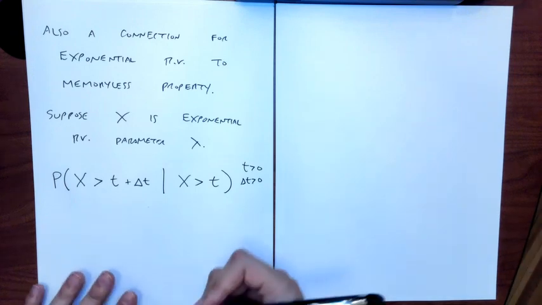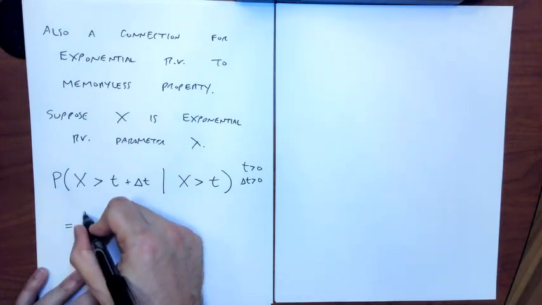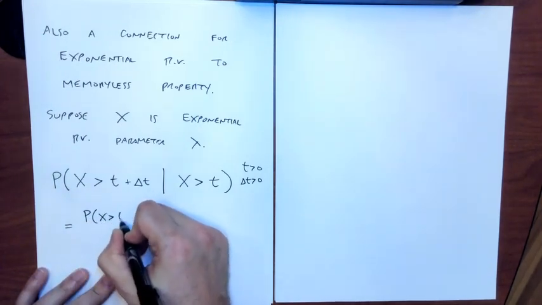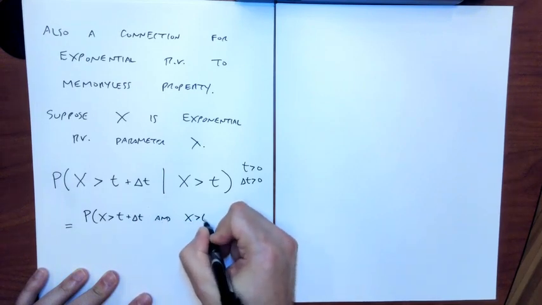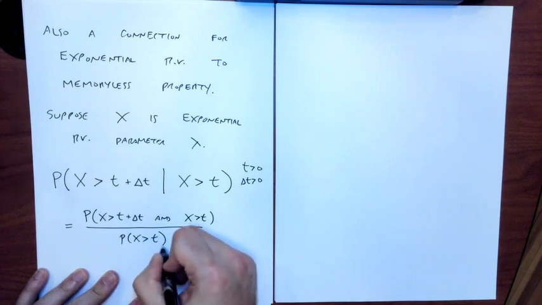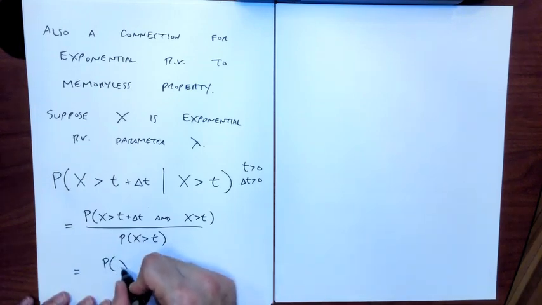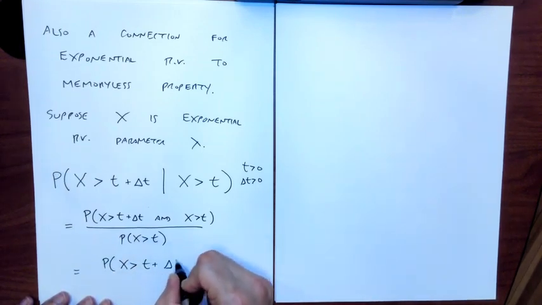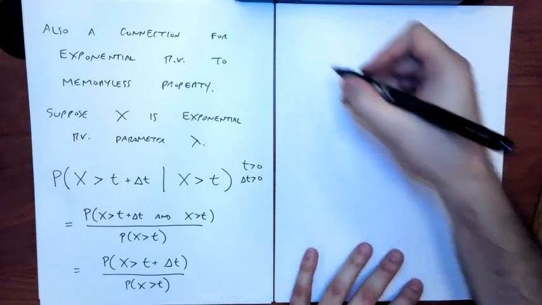So let's just work it out, right? This is a conditional probability problem. This is like saying the probability that both of these things happen, normalized by the probability that this thing happened. And I know already, since the top is actually just this, this is just how much is going on in the tail of the distribution.